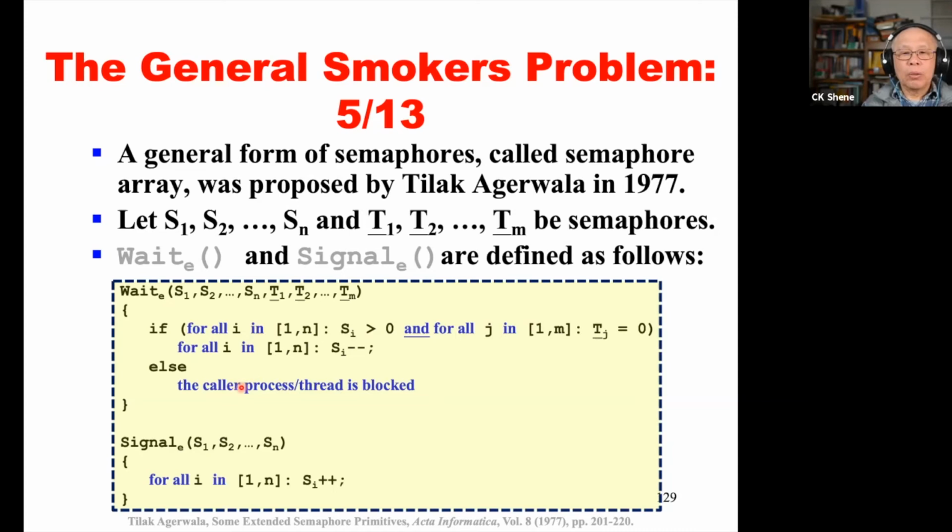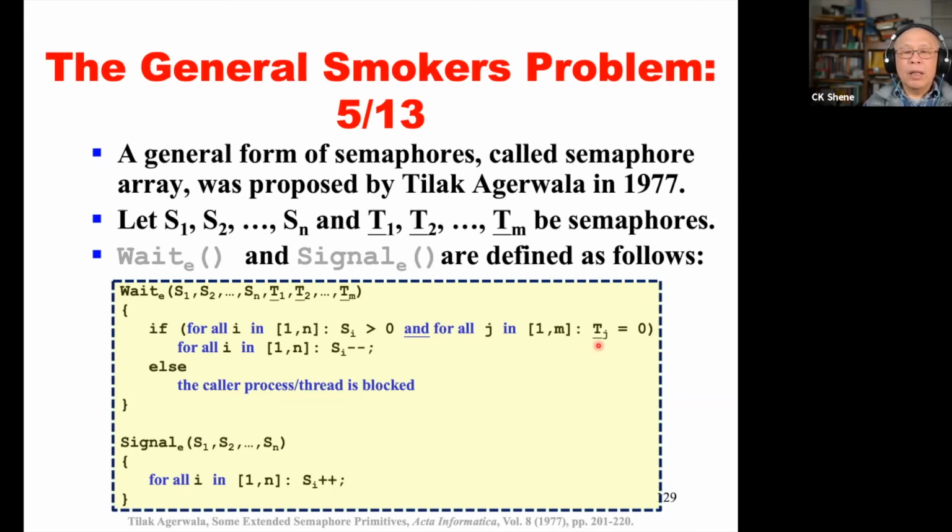So quickly go through it. A waitE call would take two sets of semaphores, the S set and the T set. If a process calls waitE, this process does not wait if and only if the counters of all semaphores in the S set are greater than 0, and the counter of every semaphore in the T set is 0.